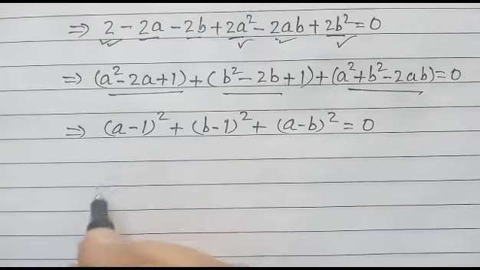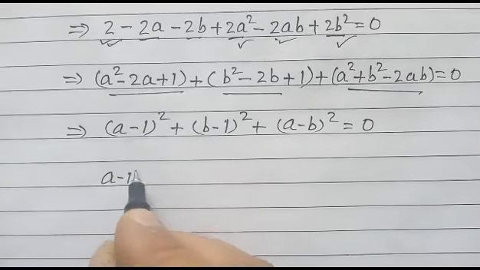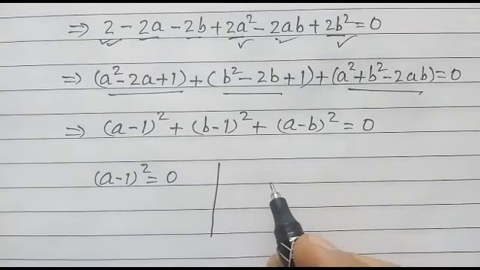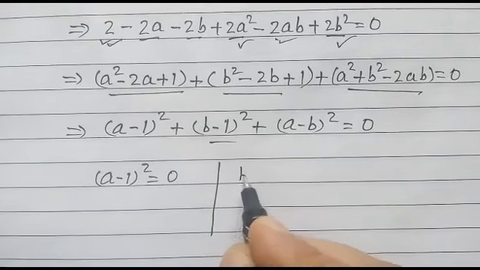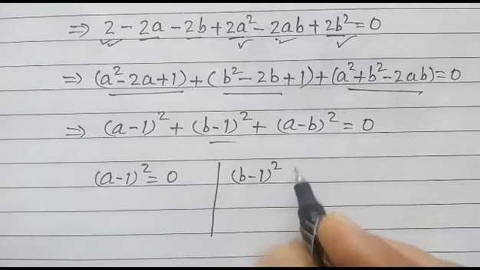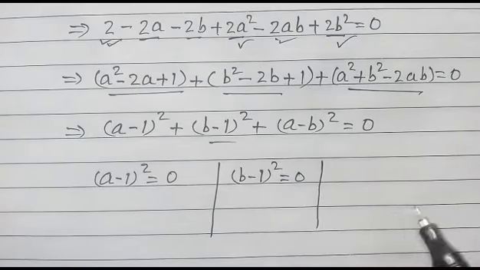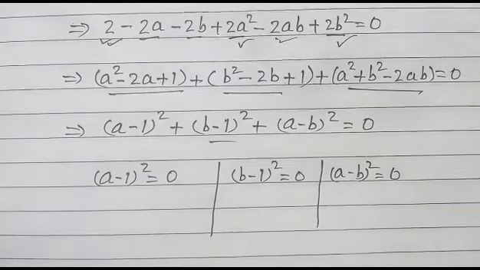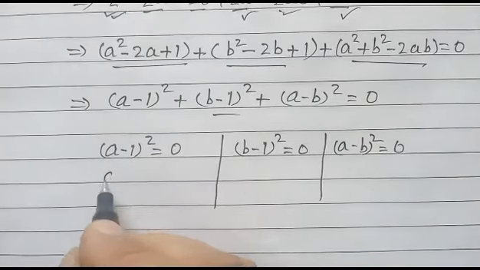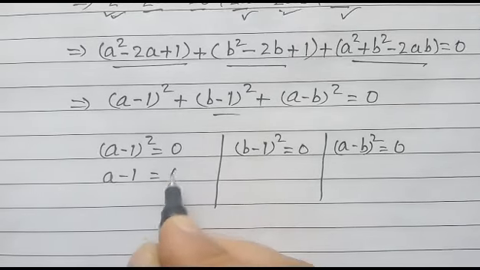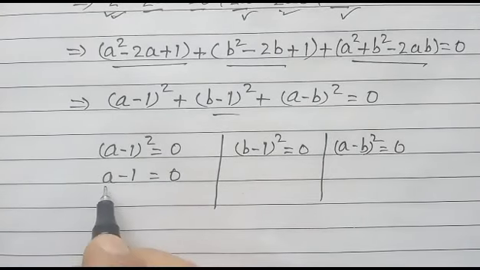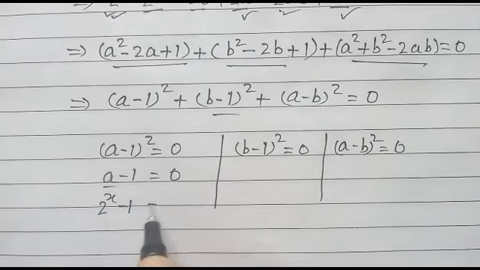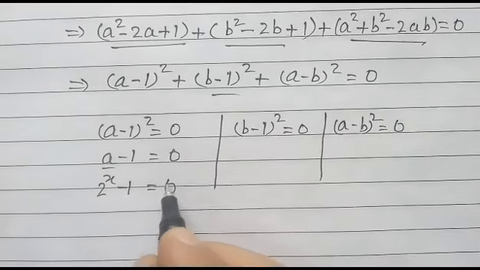Now we have three cases: (a - 1)^2 = 0, and (b - 1)^2 = 0, and (a - b)^2 = 0, right? So a - 1 will be equal to 0, as we have assumed a = 2^x, so 2^x - 1 = 0, right?